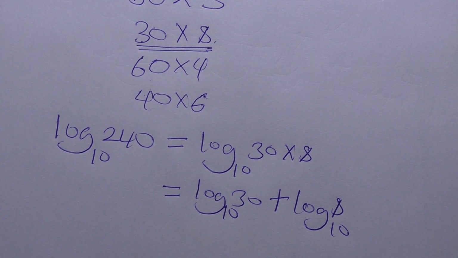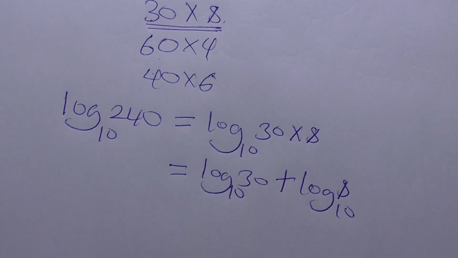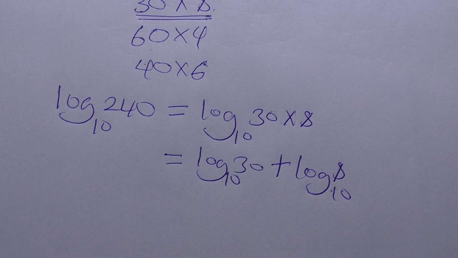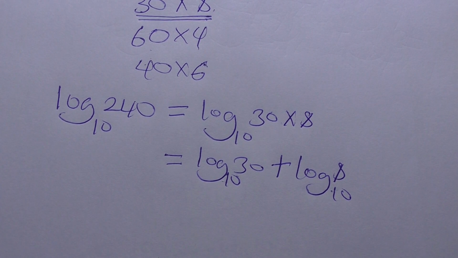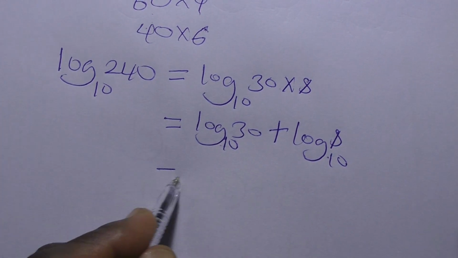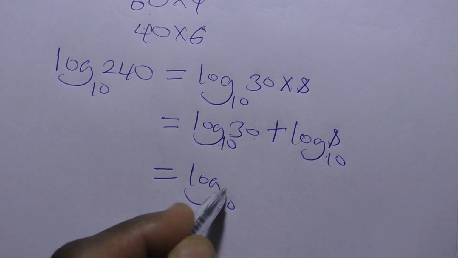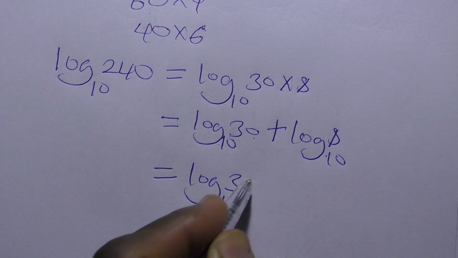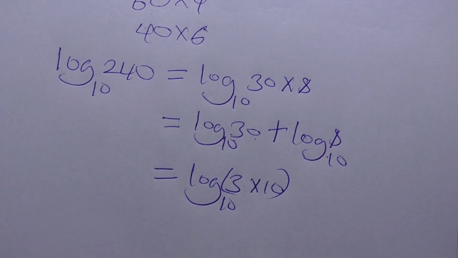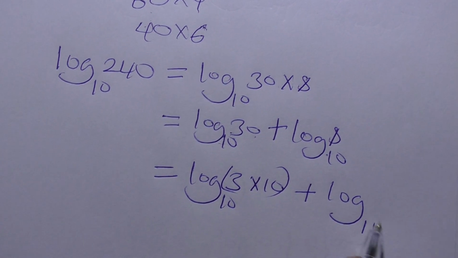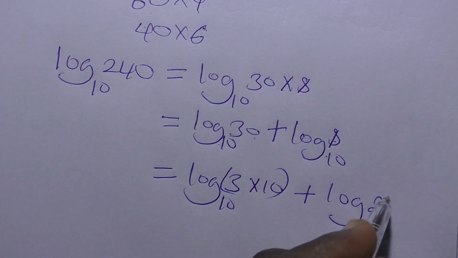First watch the rules of logarithms. You will know how we come up with these ones from multiplication and so many other things. So 30 is 3 times 10, plus 8 is 2 cubed.